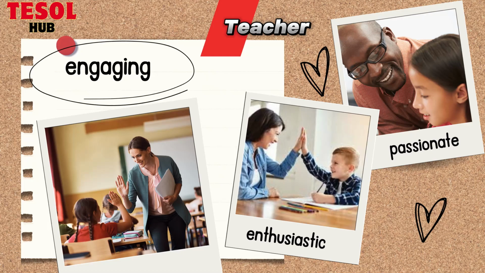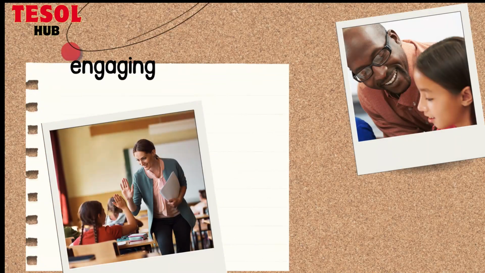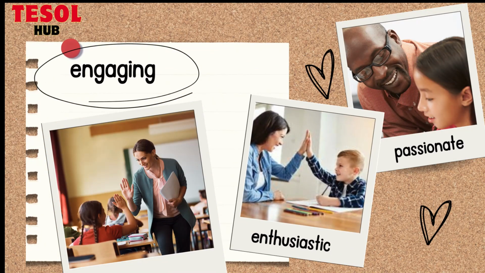So if you're engaging, your students will have fun during the session and they will not feel that this is so boring and we need this class to finish earlier and so on. Enthusiastic and passionate because all the positive feelings that you feel, you transfer them to your students. So those are very important adjectives to describe a teacher if we want to succeed in classroom management.